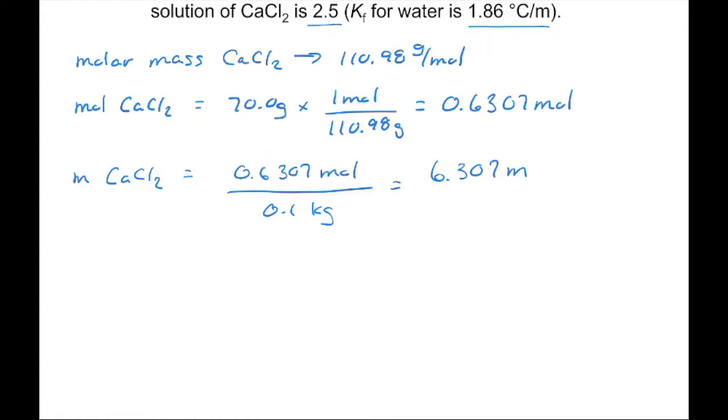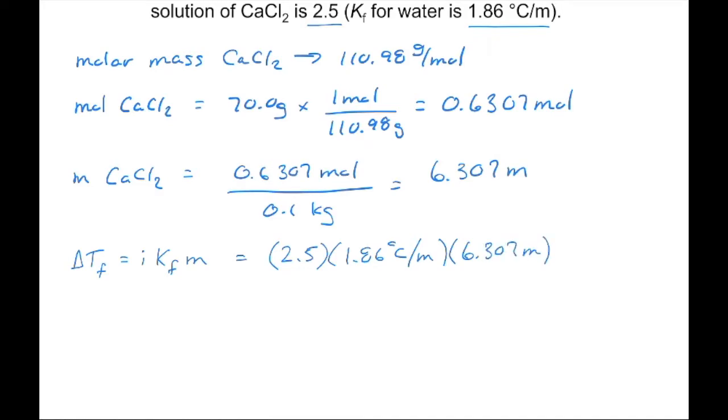So if we want to write this out, our freezing point depression is going to equal the Van 't Hoff factor times the constant times molality. So that's going to equal 2.5 times 1.86 degrees Celsius per molal times 6.307 molal, and that's going to give us a freezing point depression of 29.3 degrees Celsius.